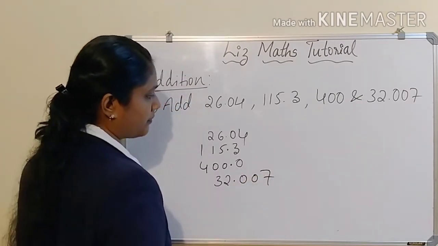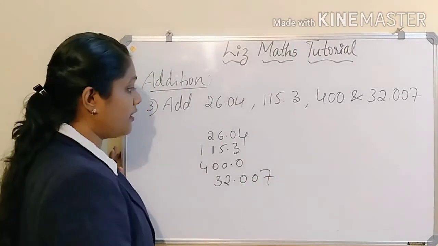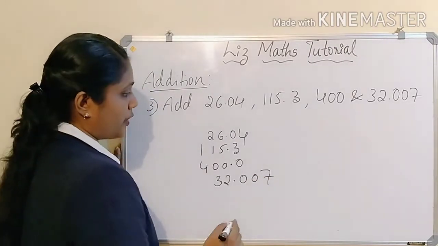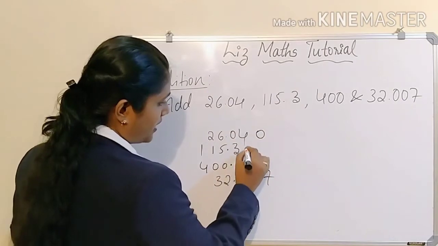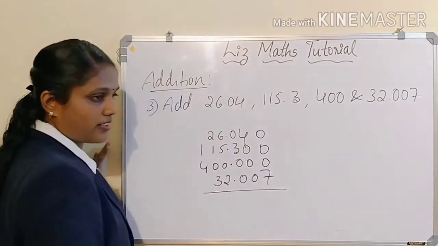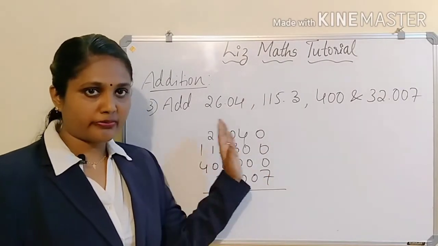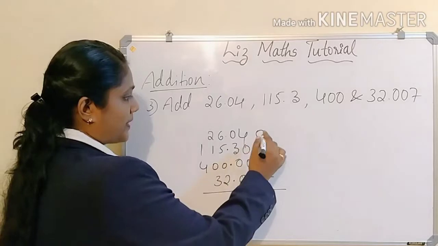32.007. So here, to see the decimal places, you can put 0 here, 0, 0, here 0, 0. So now it is filled, isn't it? If you want, you can put 0 to fill these places.